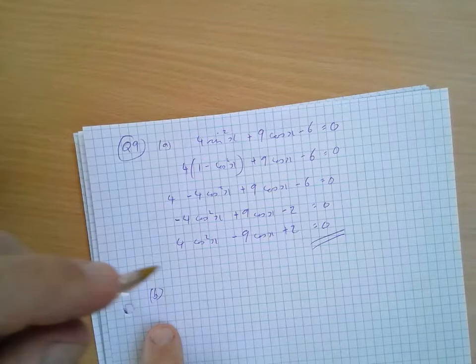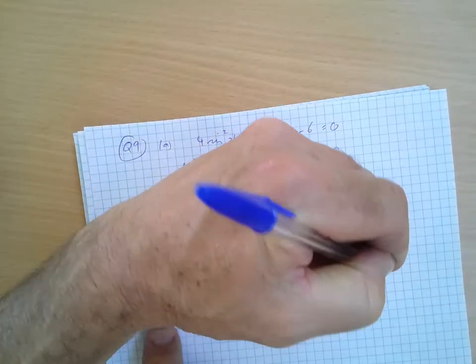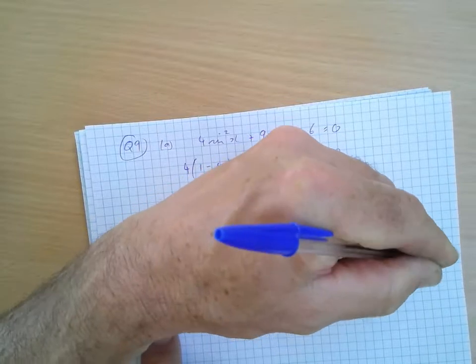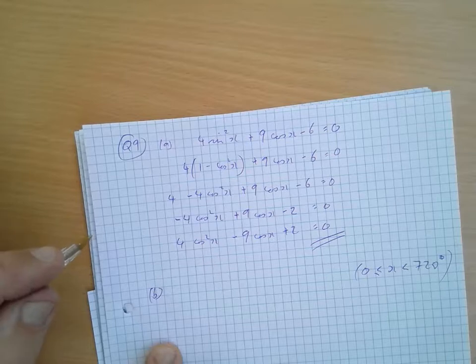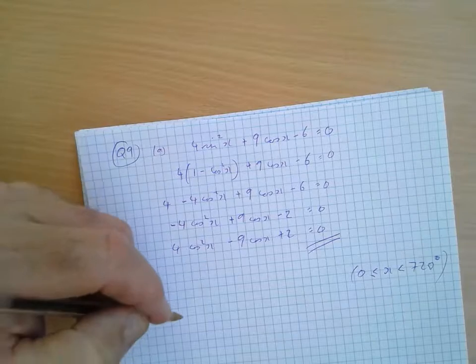Okay, part B is now using that to solve the equation. Now the only thing again we need to be careful there is that the limits are between 0 less than or equal to x is less than 720 degrees. So the equation we have, because we've rewritten it in this form, it's now quadratic, and it's a quadratic in cos x. So as with all quadratics, first thing we'd look at doing is trying to factorise it.